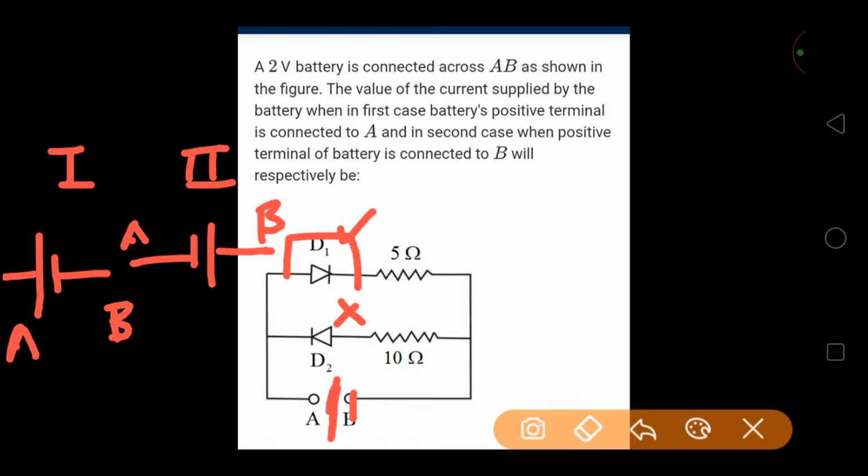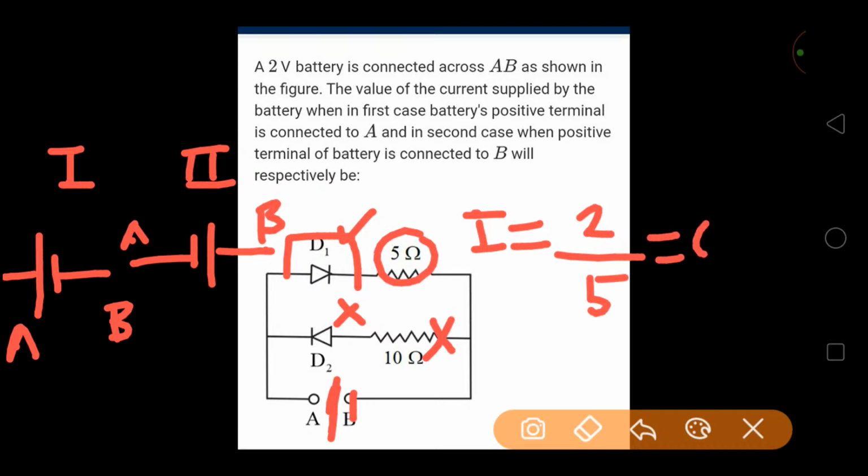So the current in the first case is I equal to V by R. V is the 2-volt battery, and the resistance is 5 ohm, since the other branch is open circuited and current will not pass through it. So 2 by 5, that is 0.4 in the first case.